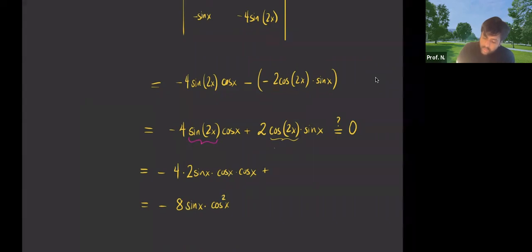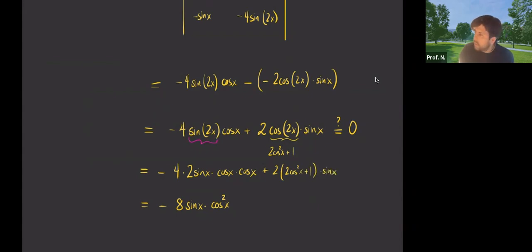Let's see. What if I do 2 cosine squared x plus 1? Yes, it should be 2 cosine squared x plus 1. So this is 2 multiplied by 2 cosine squared x plus 1 times sine of x.